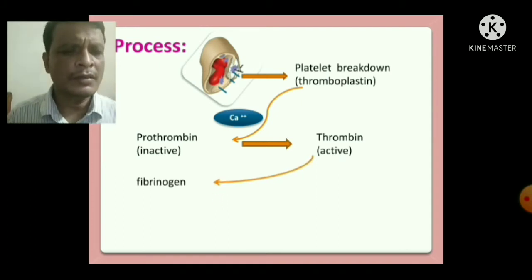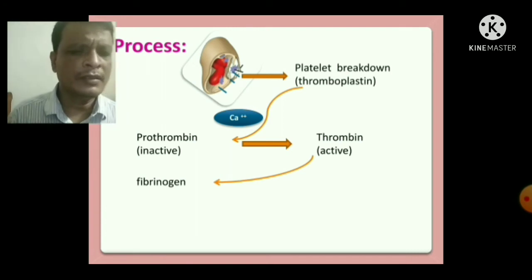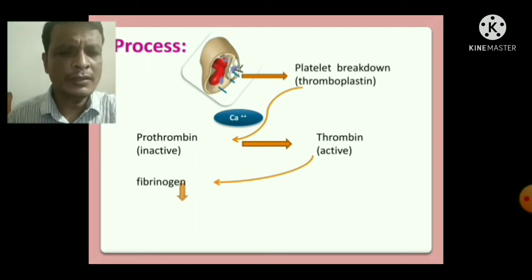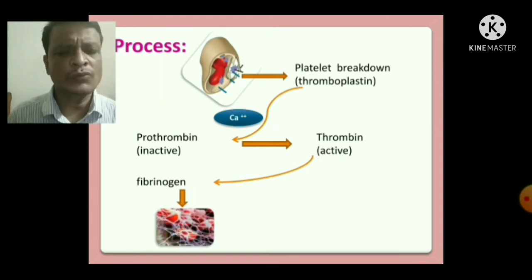Now after the formation of the thrombin, this thrombin converts the fibrinogen, which is one of the most important plasma proteins. So the thrombin converts this inactive fibrinogen into active fibrin.